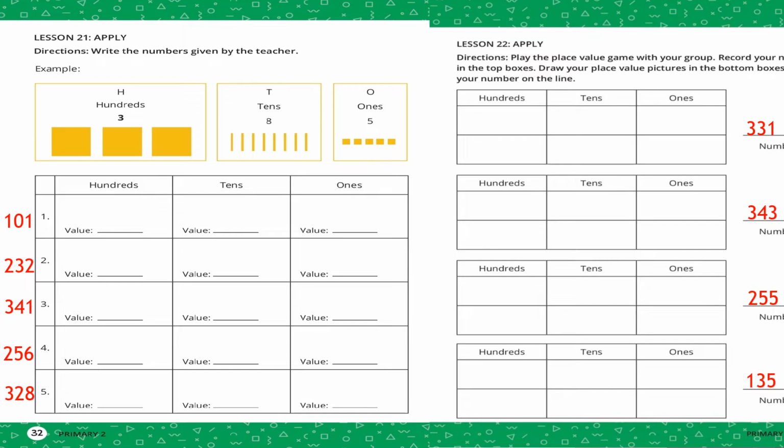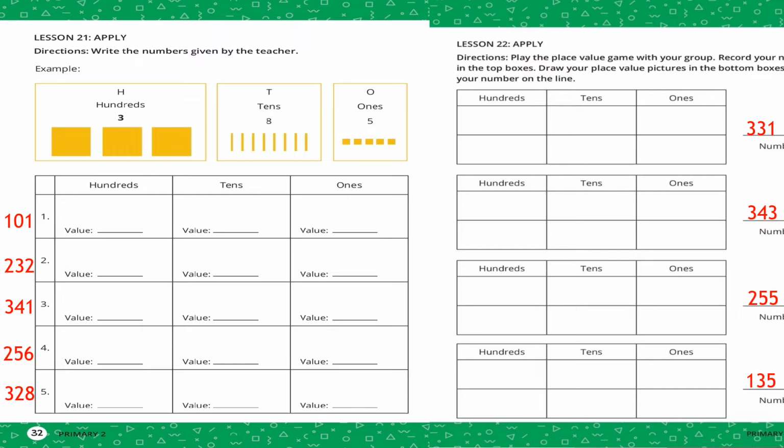Now open your book page 32 and 33, lesson 21. Write the numbers given by the teacher. You should write these numbers in your book. There's an example. 3 hundreds, 8 tens, 5 ones. Draw 3 big squares in hundreds and 8 sticks in tens and 5 small squares in ones. Let's solve number 1, 101.